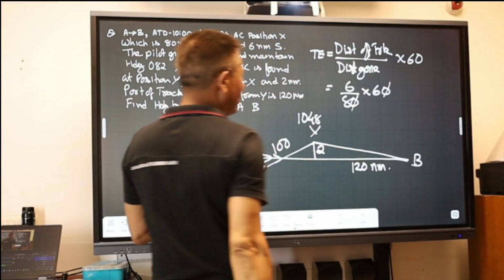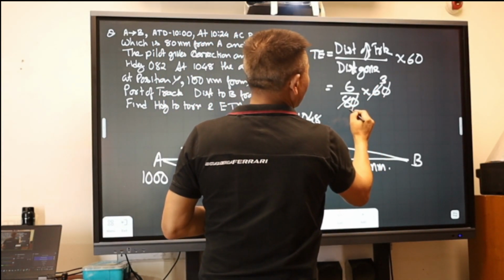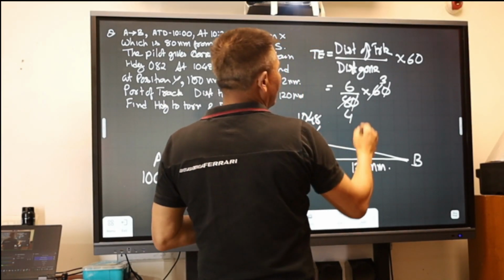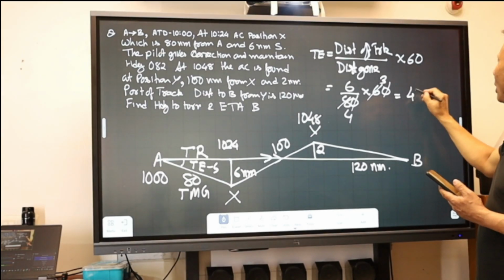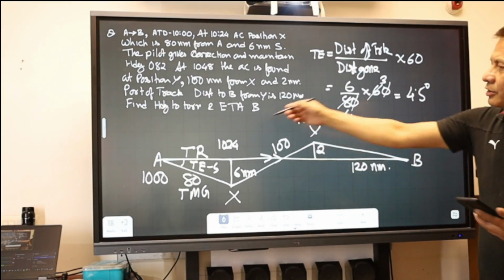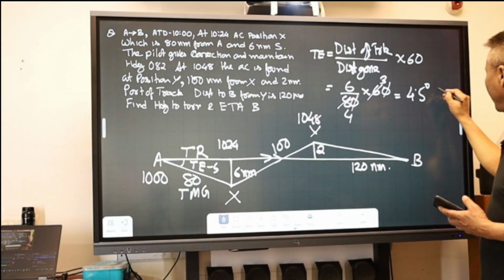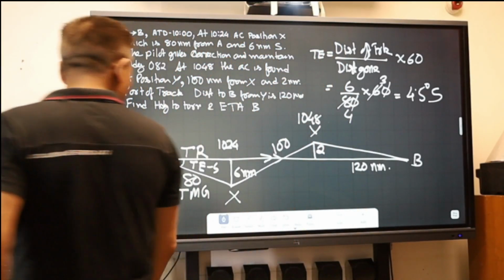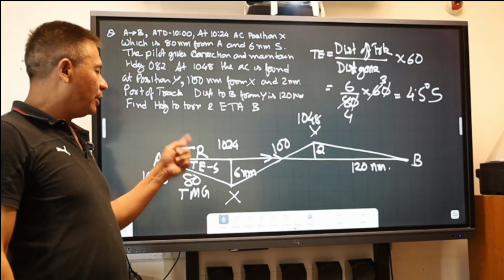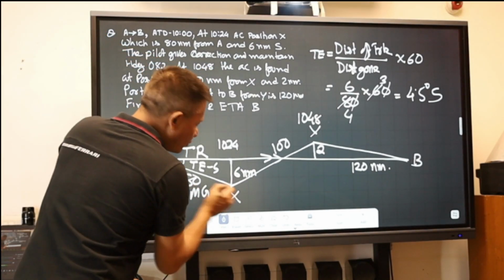The 0s cancel out. This is 3 and this is 4. 3 times 60 is 180, no, 6 times 6 is 36; 18 divided by 4 is equal to 4.5 degrees. Since it is onto the starboard of my track required, it will be assigned as 4.5 degrees to the starboard. So therefore, the track error between these two is what we call 4.5 starboard.